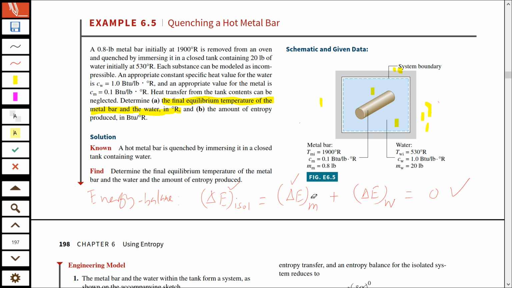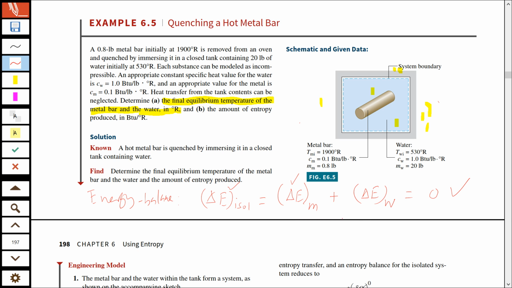So the internal energy of the metal rod will decrease because it's hot, and the internal energy of water will increase, and these two will balance one another so that the overall change is 0.